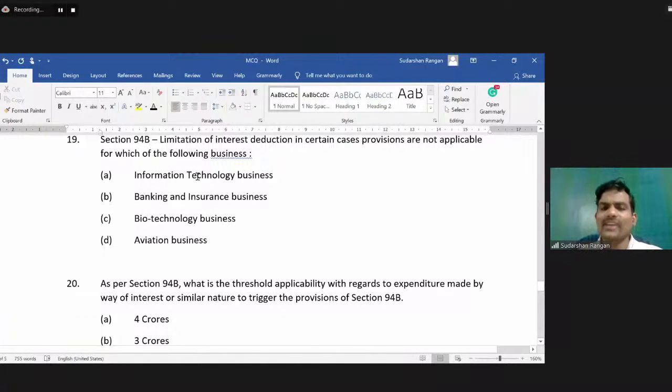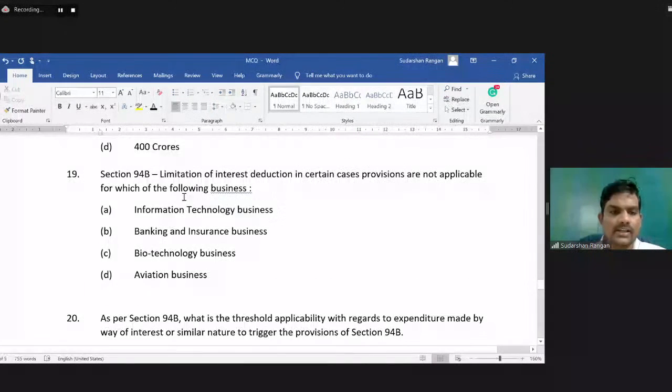You just have to use your common sense here. Which of these businesses is excluded? We're talking about interest. So there is one particular sector of business that has been excluded. Very simple. Logically, which industry will be carved out? Seeing the nature of the industry, you can figure it out.